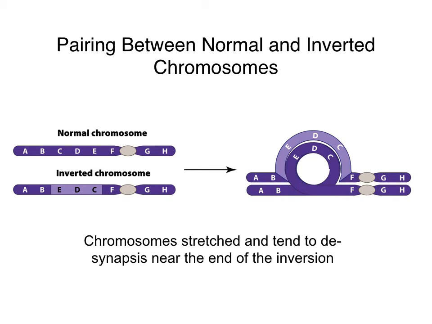And so by doing that, it accomplishes getting like regions in close proximity to like regions on the two homologous chromosomes.